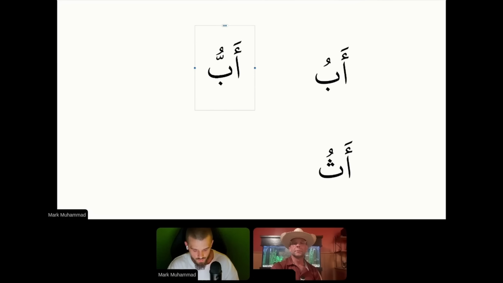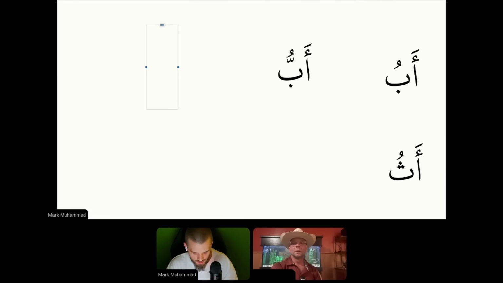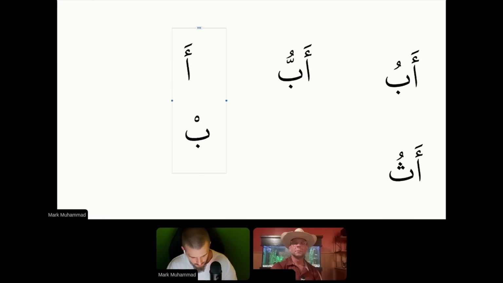Again, like we looked at with the tanween, I'm going to explain what this symbol is and then explain how to say it. Say that first: ab.